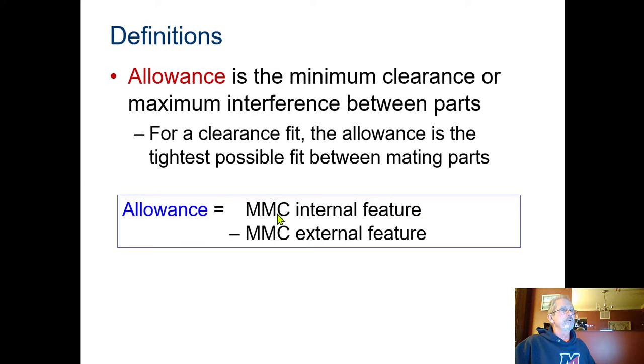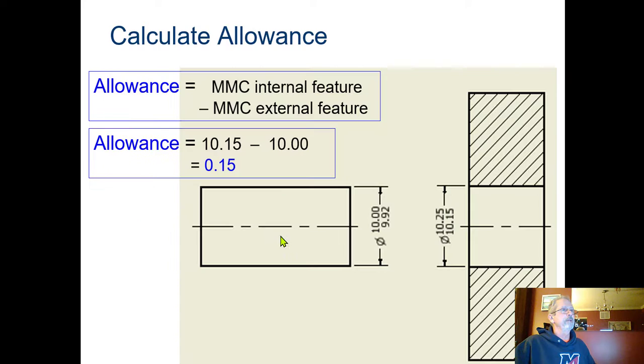All right, allowance: we're going to take the maximum material of the external and the maximum material of the internal, and subtract those two. Here, the maximum material on this shaft is 10, and the maximum material is actually the smaller hole. This is where Project Lead the Way is going to get you.